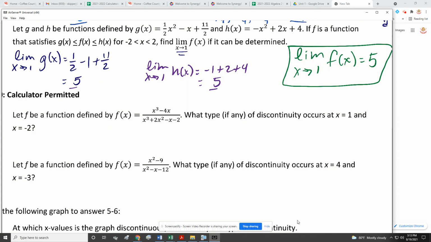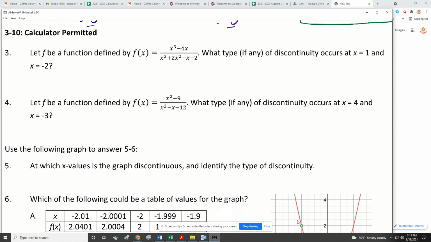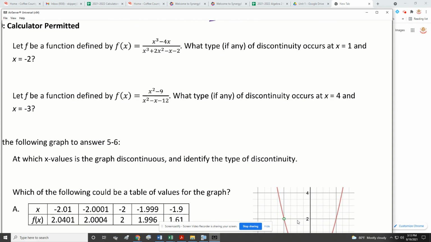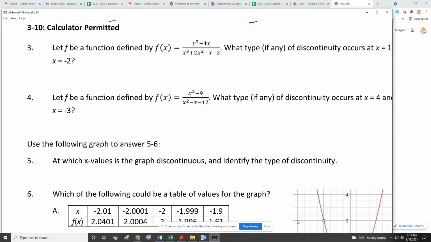Okay. Number 3, you can use a calculator on it. I don't know if you really need it, but 3 and 4 are both rational functions, and we're deciding what type of discontinuity you can have. Now, a rational function has 2 types of discontinuity, a vertical asymptote and a hole.